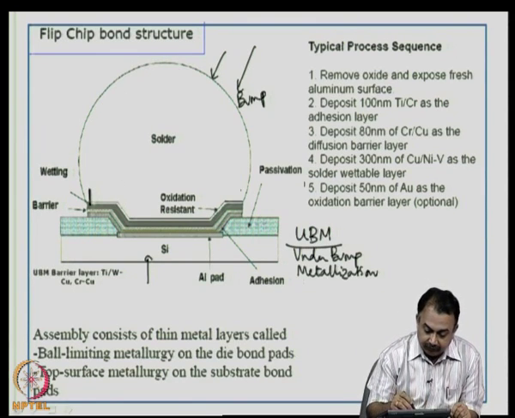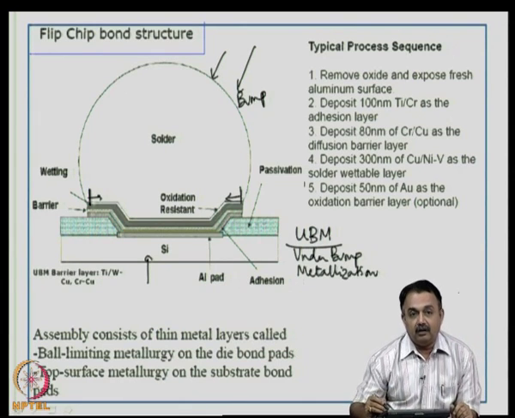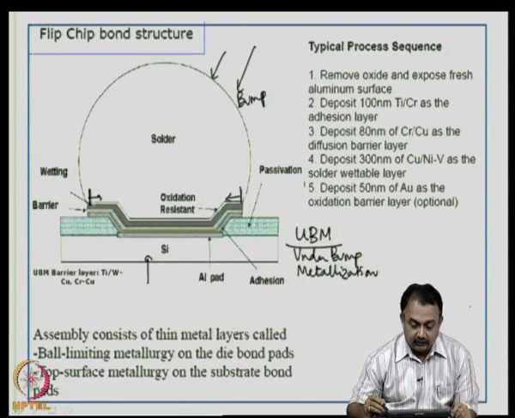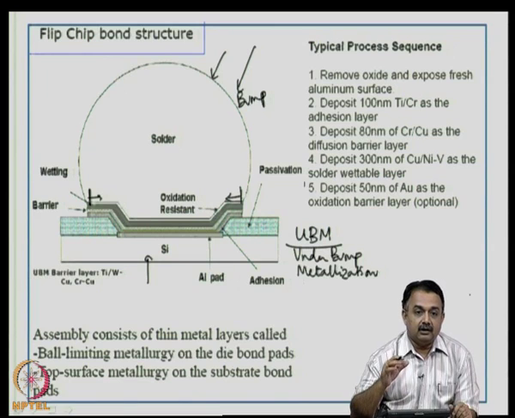So, in some sense this area that you see here limits the size of the solder ball. Your UBM does some kind of ball limiting metallurgy on the die bond pads, otherwise it will attach more solder than required. This also defines the exact size of the solder bump from one adjacent pad to the other.